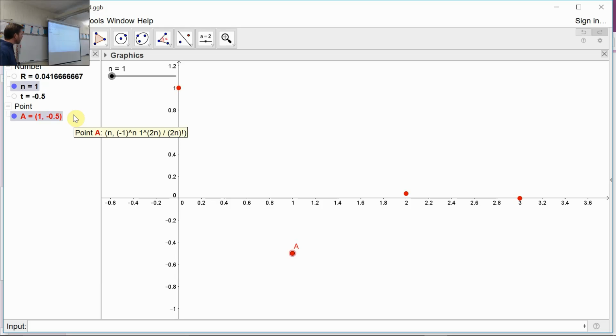So if I have gone through these first 2 terms, and I think about this idea of the error and how much I'm off by. If I stop after adding together the first 2 terms, I have a y value of 1 and this y value, which is -0.5.